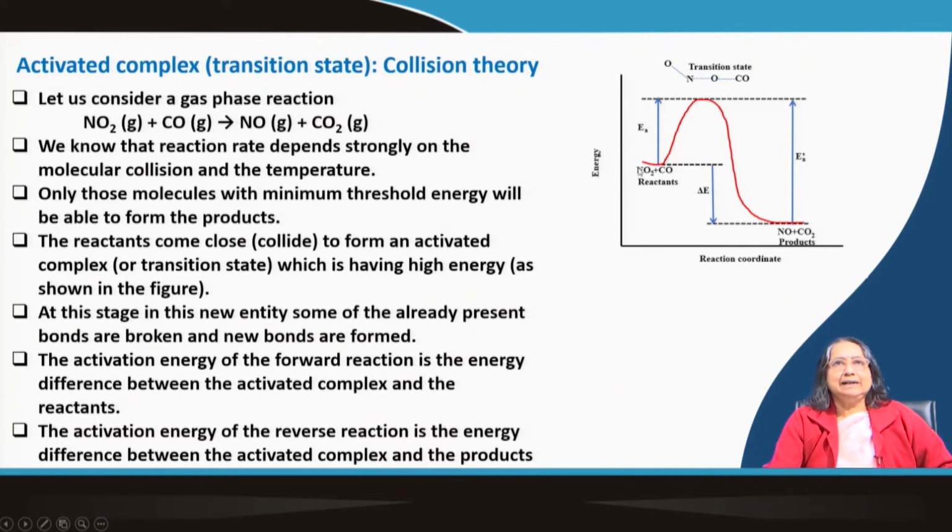These are the reactant molecules, these are the product molecules. When the reactant molecules react, they have to come close. We all know that they have to come close with sufficient speed, sufficient energy, and they have to collide.